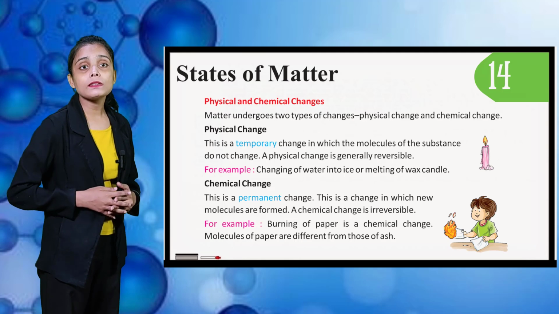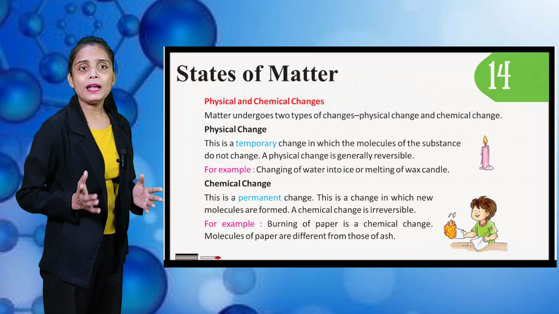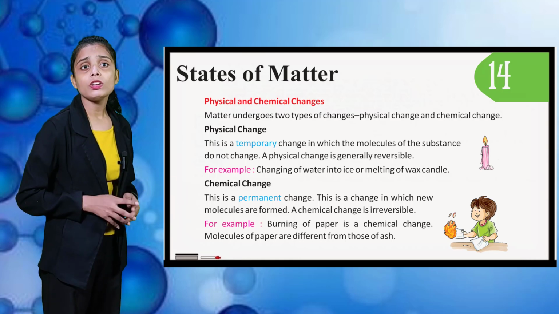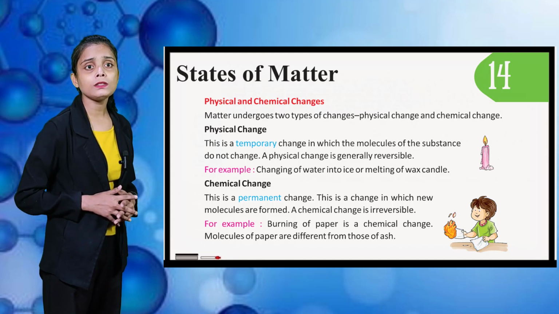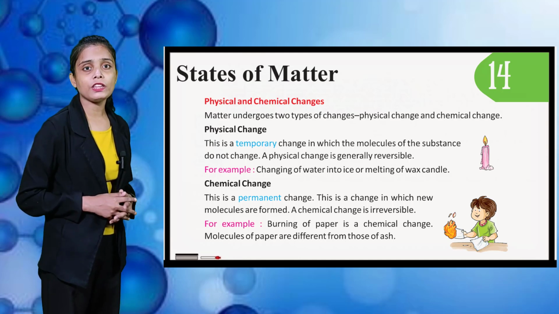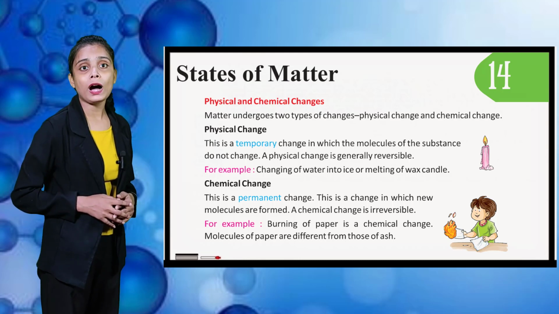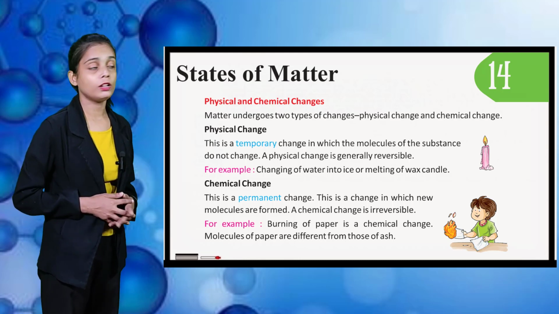Now let's see physical and chemical changes. Matter undergoes two types of changes, physical change and chemical change. Physical change is a temporary change in which the molecules of the substance do not change. A physical change is generally reversible. For example, changing of water into ice or melting of a wax candle.